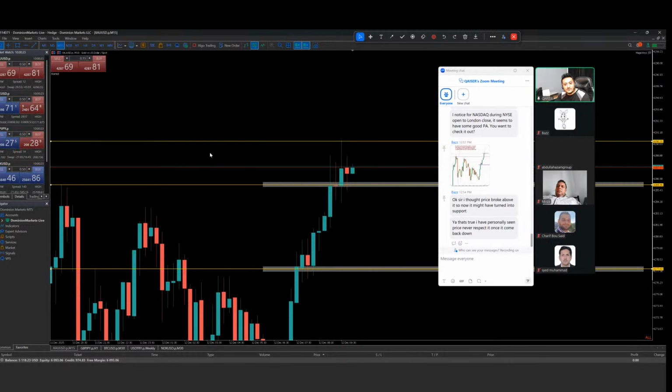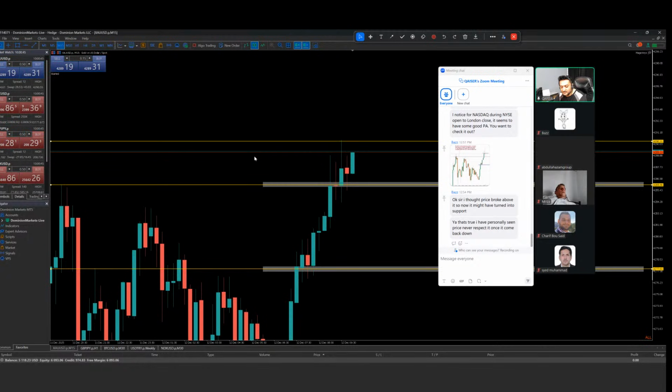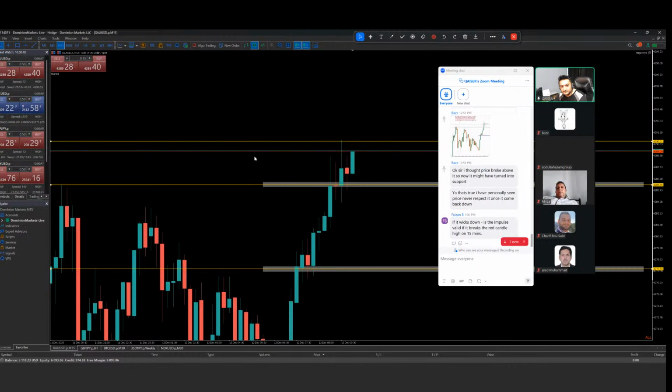Only volume will help you out in this kind of situation. It can start printing side by side actually. Wow, pushing upside now. It's the opening of London actually.